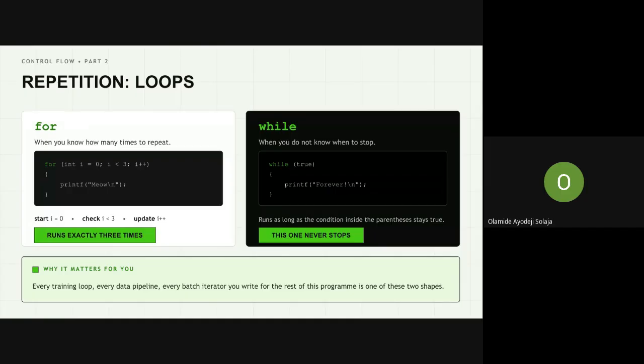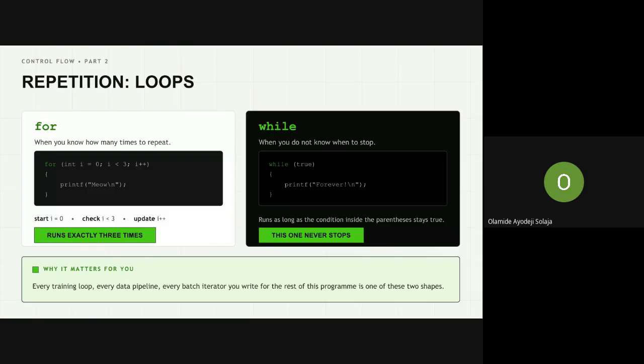A for loop is used to run something an exact number of times. Let's say you want to draw an image 3 times, and after that it should stop.